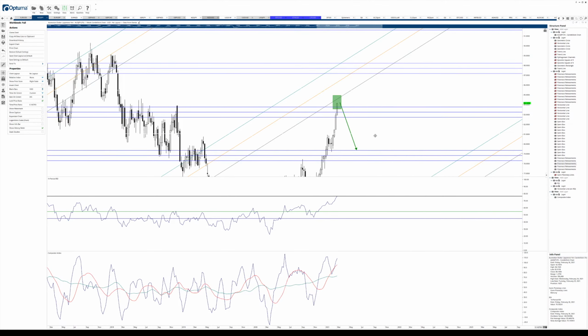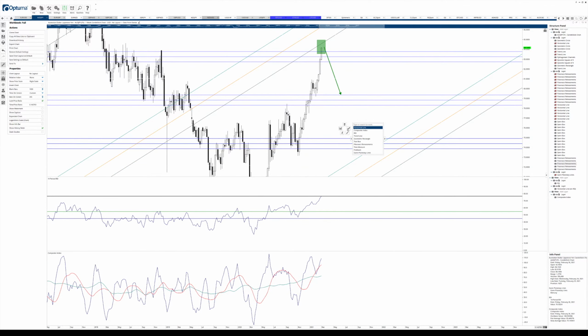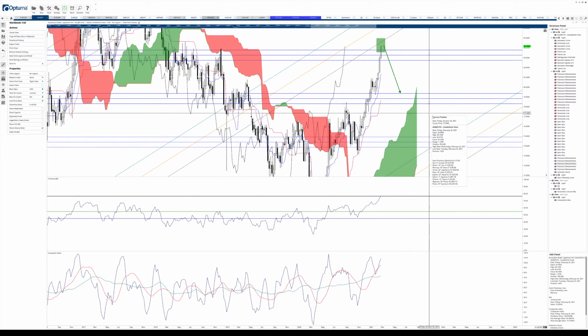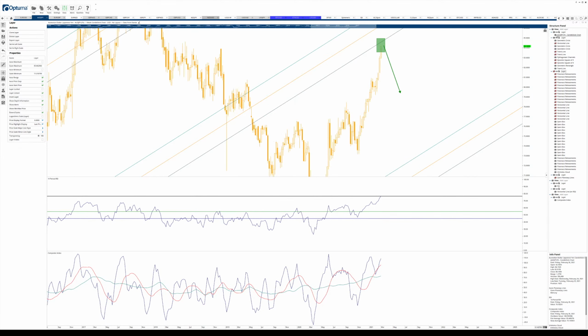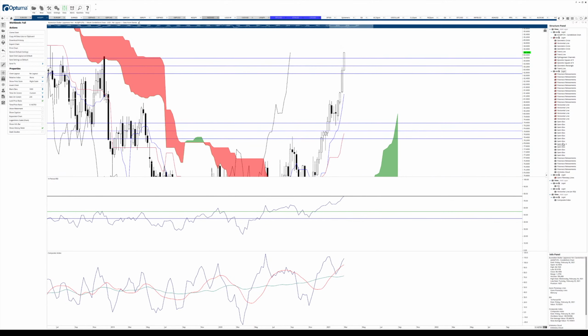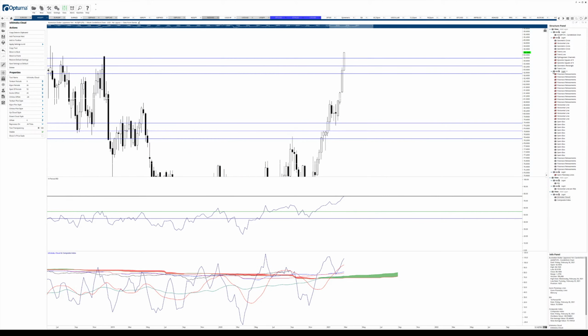Looking at this kind of a pullback down here, Ichimoku is another good reason why I am so bearish at these levels. And real quick, the distance here, I just want to drag that down to that other layer.